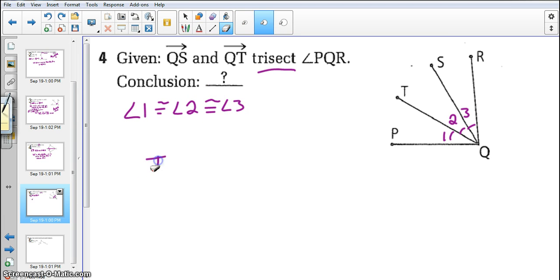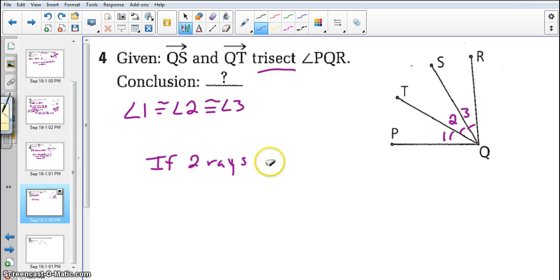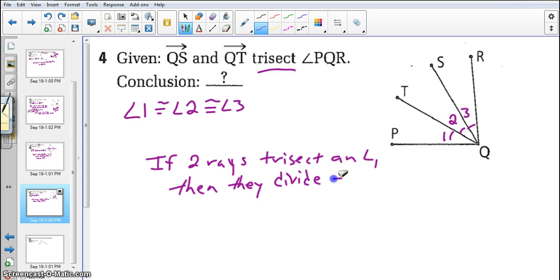And this would be because if two rays trisect an angle, then they divide the angle into three congruent angles.